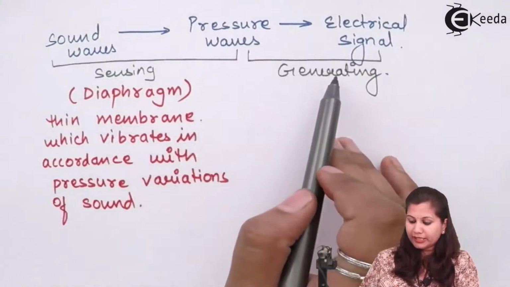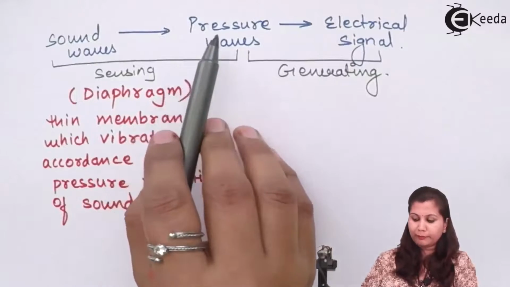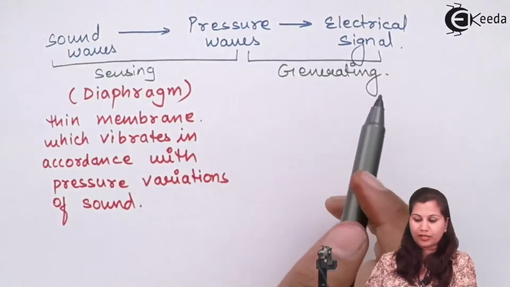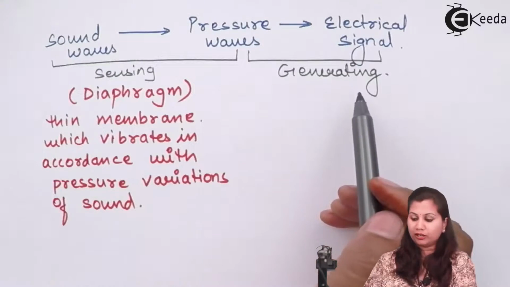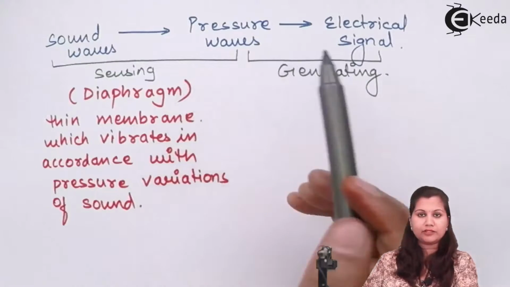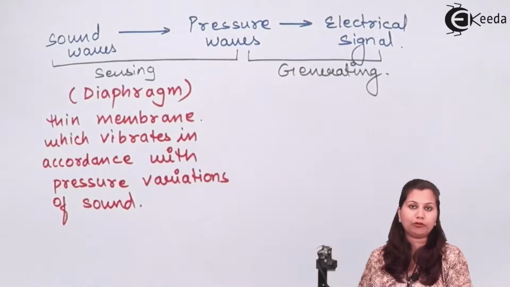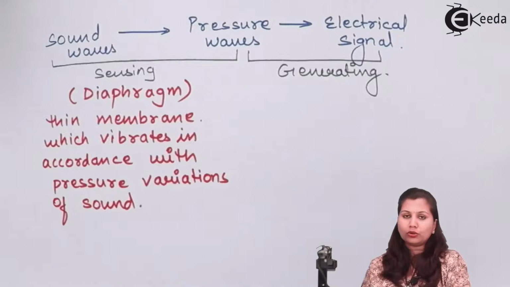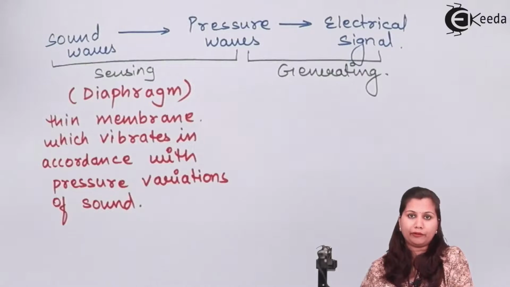Now the generating element, because it has to convert the pressure waves into electrical signals, there are various types of transducers which can be used here, which convert the pressure waves into electrical signals, like an output voltage, a change in the resistance, change in the capacitance, change in inductance. So there are various transduction elements which can be used as the generating element in the microphones.